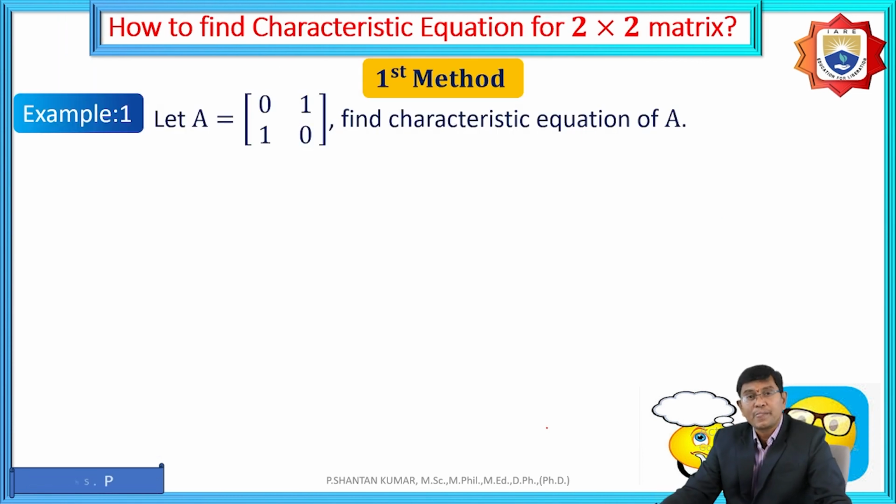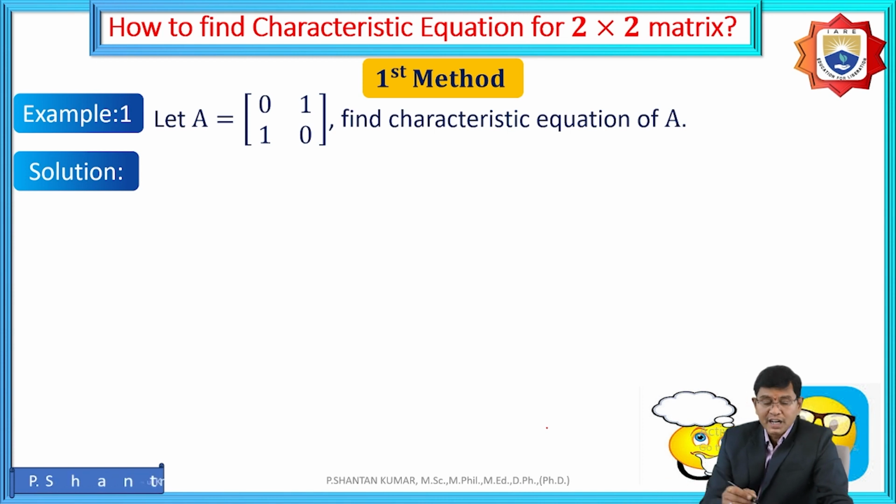For example, under the 2 by 2, the first method, the general method: let A be the matrix 0, 1, 1, 0. Find the characteristic equation of A. That means here they are asking to find only the characteristic equation. As we know, the characteristic equation is the determinant of A minus lambda I is equal to 0.